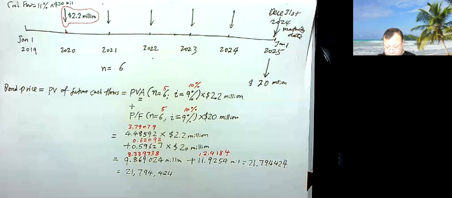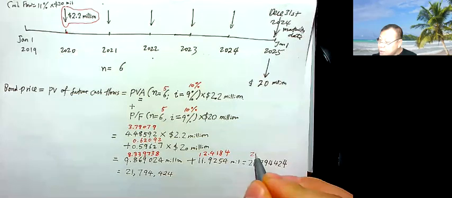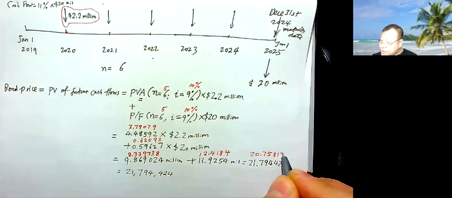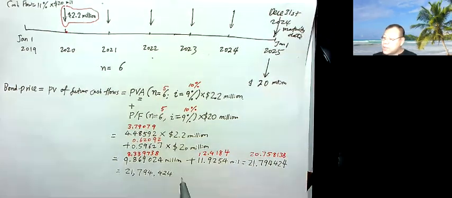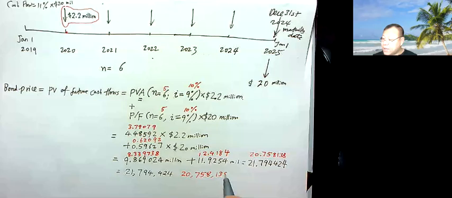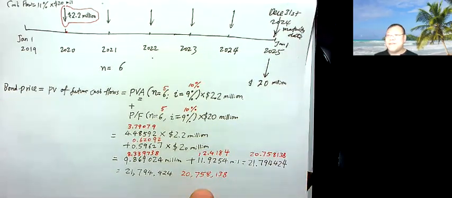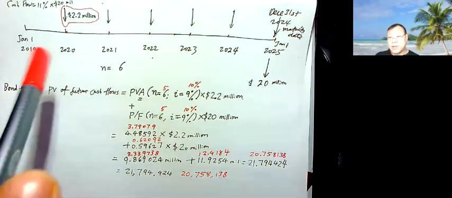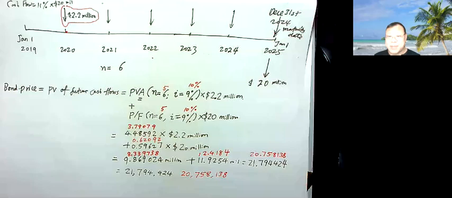Together, I have 20.758138. In another way, you can write it as 20,758,138. So that will be the fair value of the bond at the end of the first year, immediately after payment.